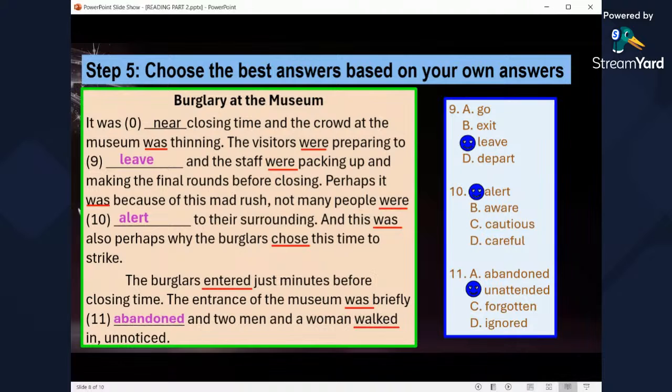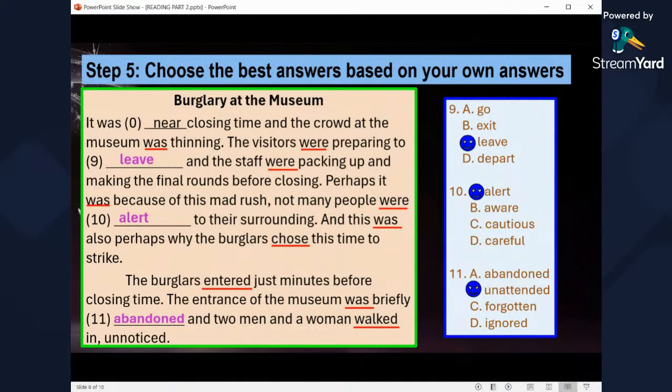Do you know why you cannot abandon an entrance of a museum? I also put abandon, but then I realized, even as a teacher, that you don't abandon an entrance. You don't attend to the entrance because usually there's a guard there. You might not attend to it for a brief time. It was not attended to.